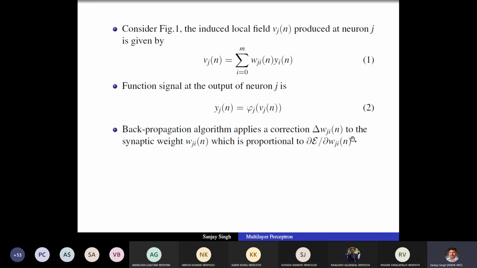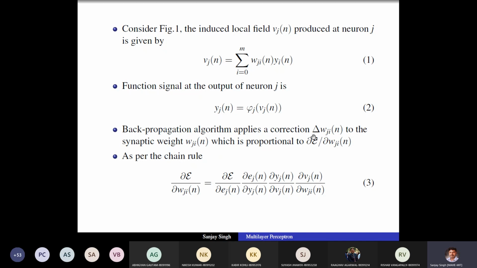The correction delta Wji(n) to the synaptic weight Wji is proportional to the derivative of E with respect to Wji(n). We have already seen that this depends on gradient descent, where the change in synaptic weight, delta Wji, is nothing but eta times this derivative.